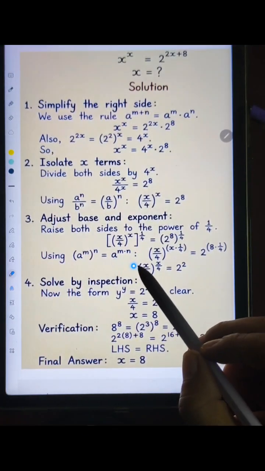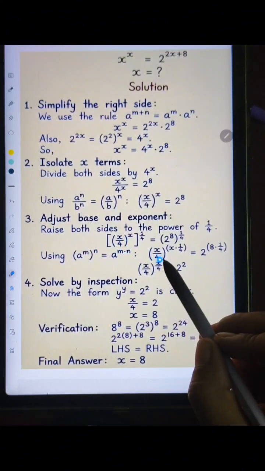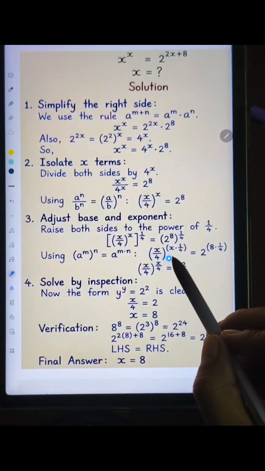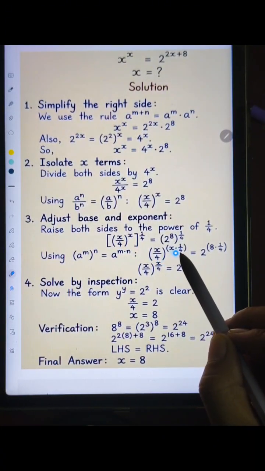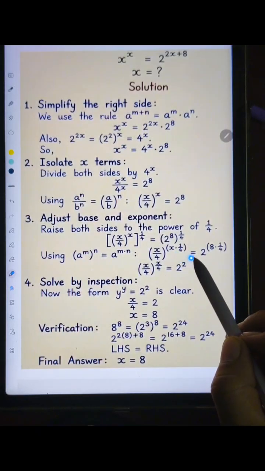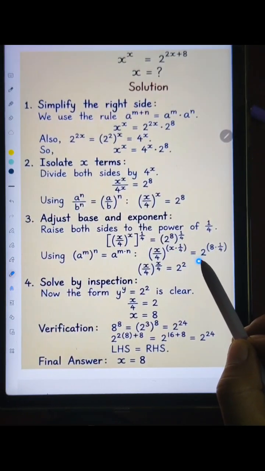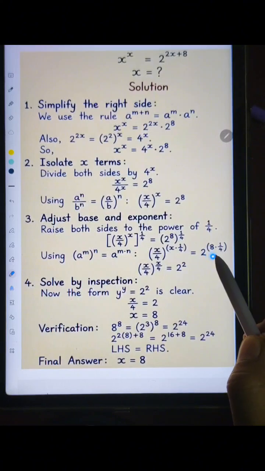Using that, the left side of the equation becomes the quantity x over 4 raised to x times 1/4. How about the right side? The right side of the equation becomes 2 raised to 8 multiplied by 1/4.